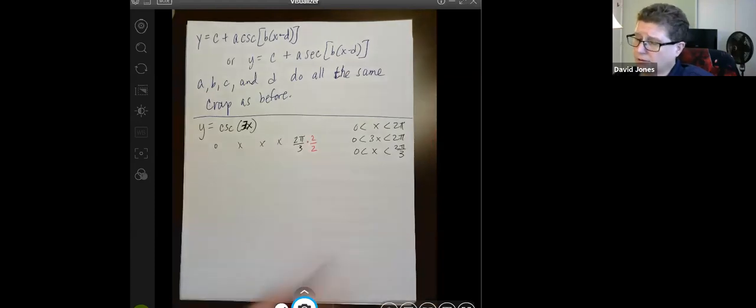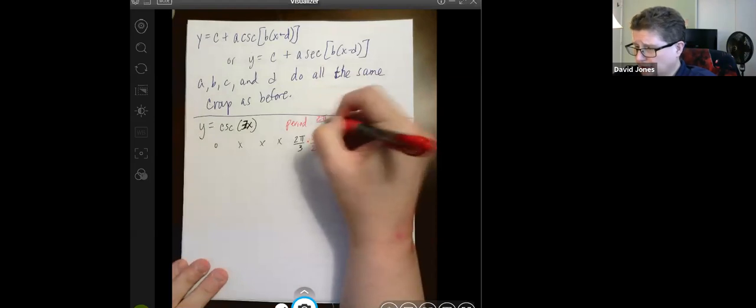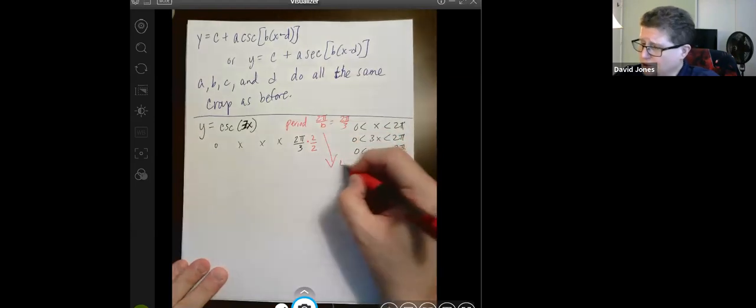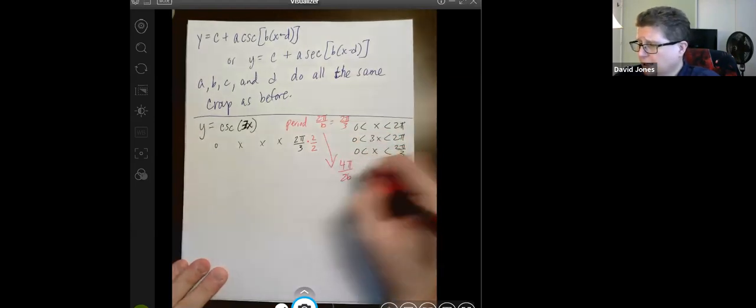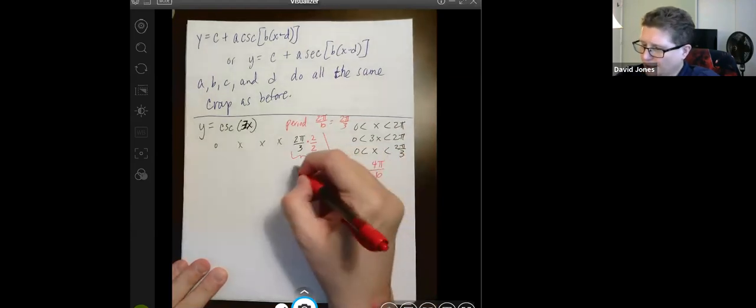Because remember, we had period is 2 pi over b. And here it's 2 pi over 3. But I said use 4 pi over 2b, which will be 4 pi over 6. And that's what happens here, 4 pi over 6.